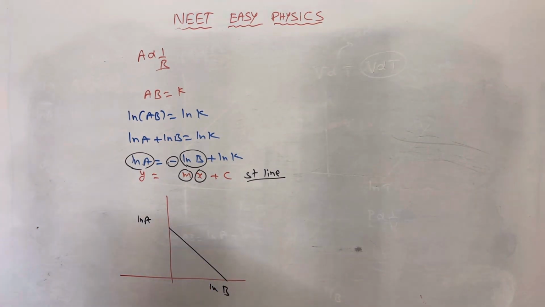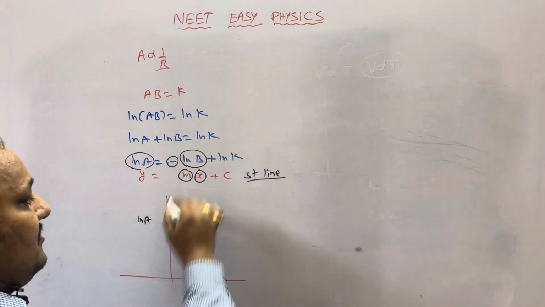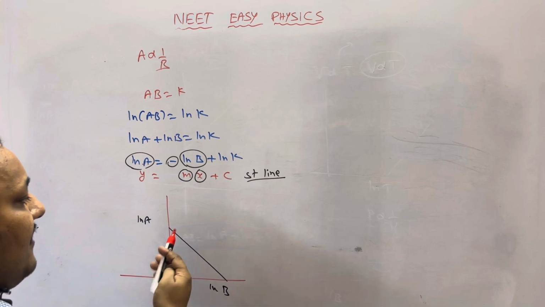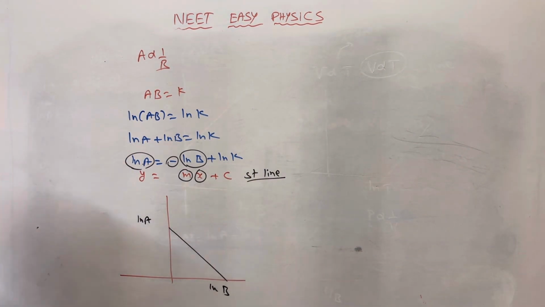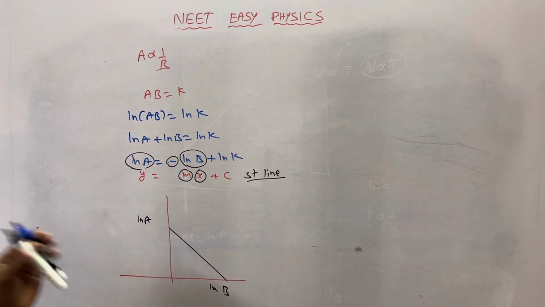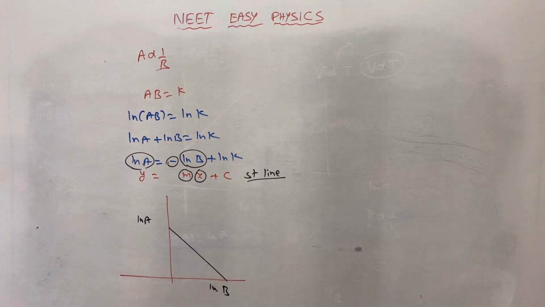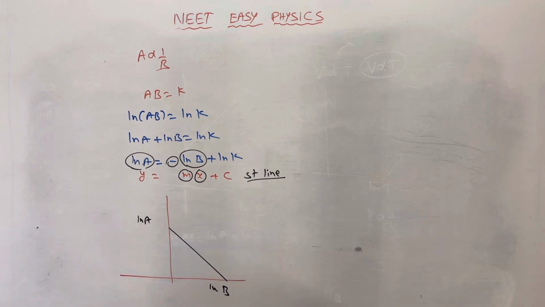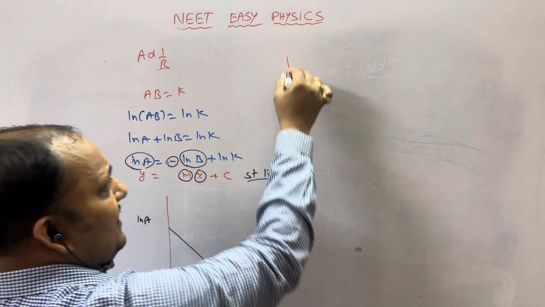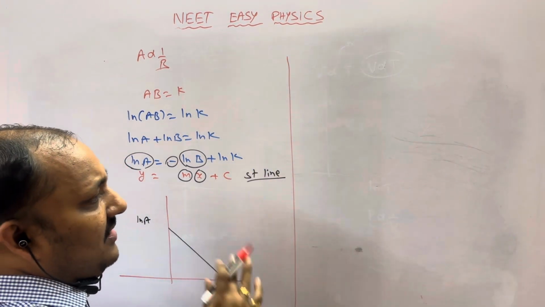This is a negative slope, straight line. The previous one had a positive slope, so previously we drew it like this. So like this they are going to ask some graphs. If you know the relation between y-axis and x-axis, whether the slope is positive or negative, you have to cross-check. It will always come according to the relation.